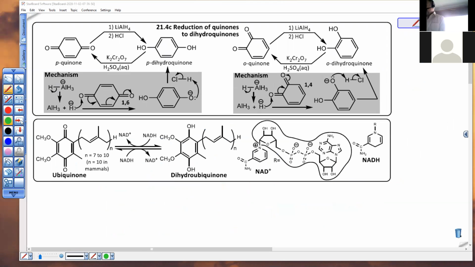So we talk about a molecule like ubiquinone, which has a really cool name. It's based on this word, ubiquitous, which means found everywhere.